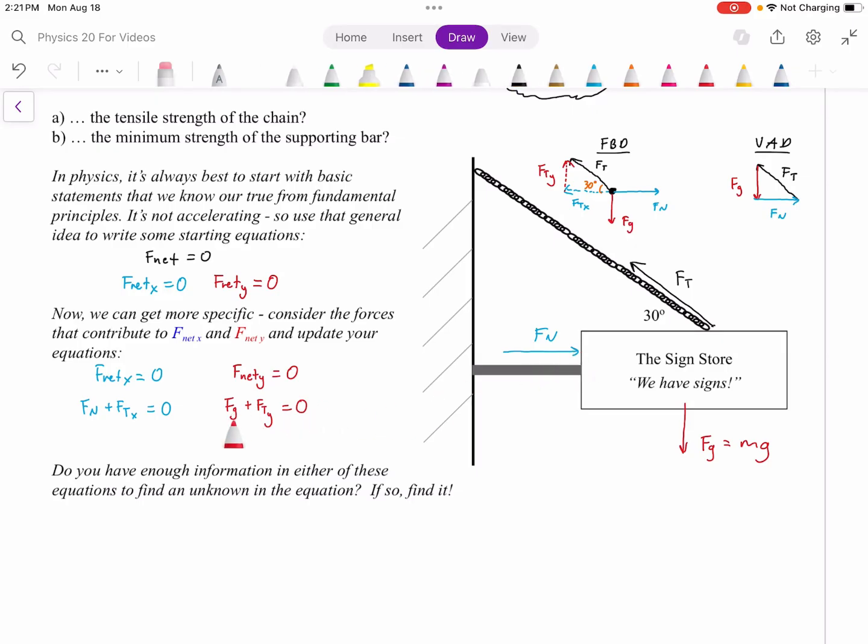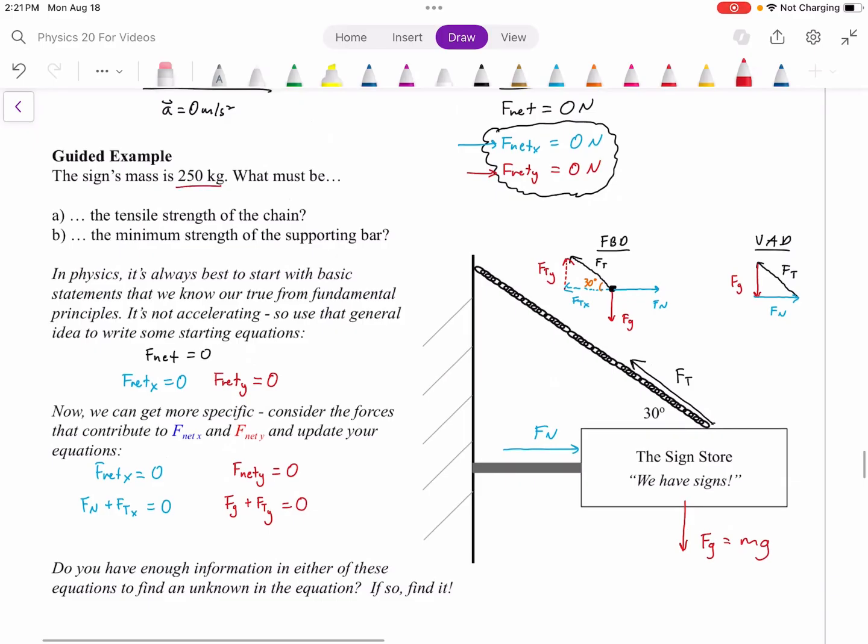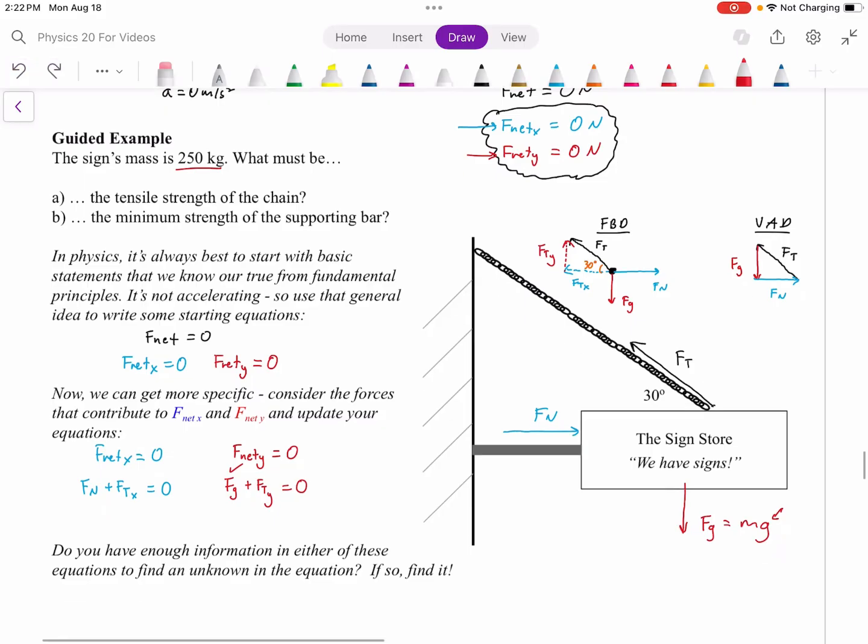But in this equation, we know that the force of gravity is actually just mass times acceleration due to gravity. And we know the sign's mass is 250 kilograms. We know g is 9.81. So we actually do know this, which means we can find the force of tension's y component.